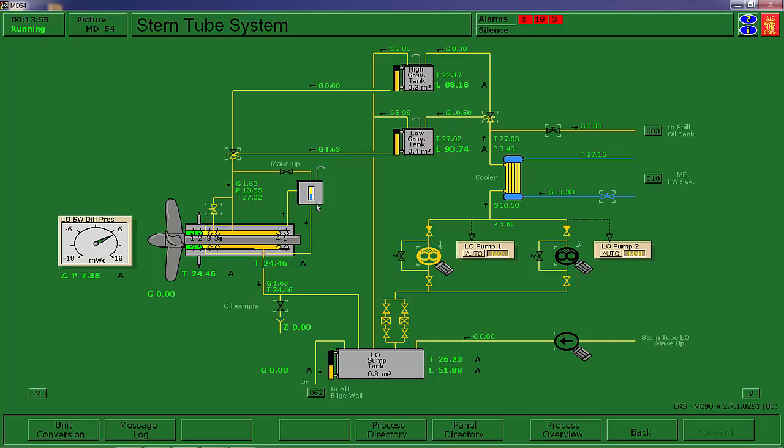In some cases, I'm also seeing where all of the oil in the stern tube used for lubrication is biodegradable. And there have been discussions on many ships of going back to water lubricated bearings, because this is a problem. Now, the other one, this is a tanker.